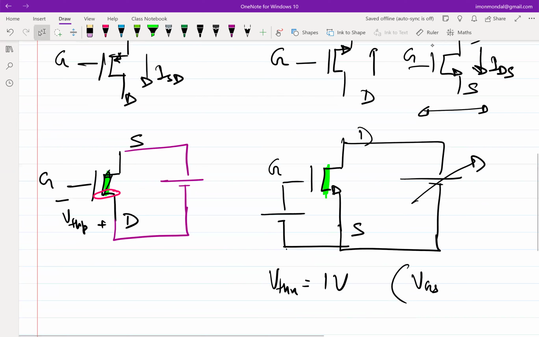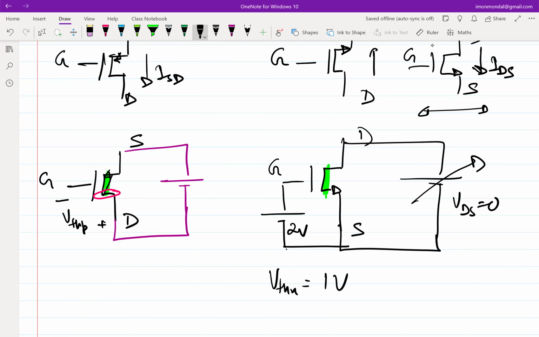So once we have a battery connected for VGS which is greater than the threshold voltage, let's say I connect a battery of 2 volt here. The channel now exists, correct? Let's say VDS equals 0, so I have a rectangular channel.